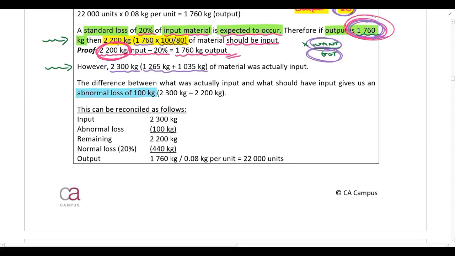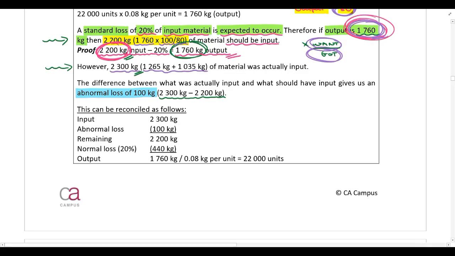We calculate that by comparing what they actually input, 2,300 kilograms into production, to what they should have input. They should have only input 2,200 kilograms if they were trying to achieve an output of 1,760 kilograms. So compare what they actually input to what they should have input, and that will give you your abnormal loss.